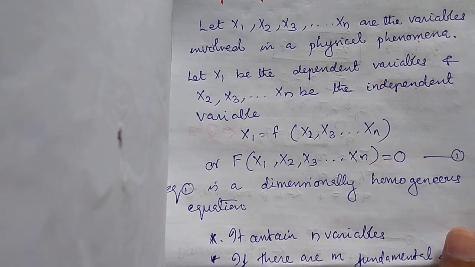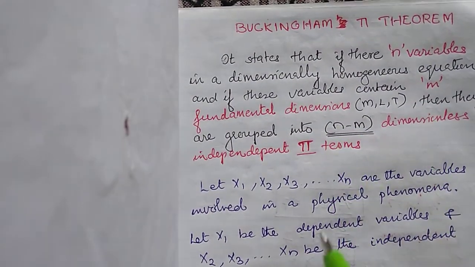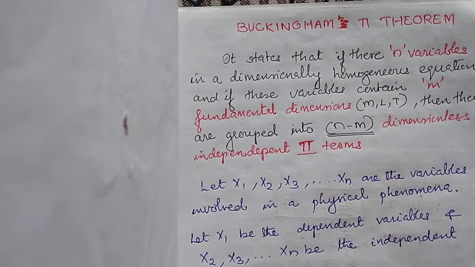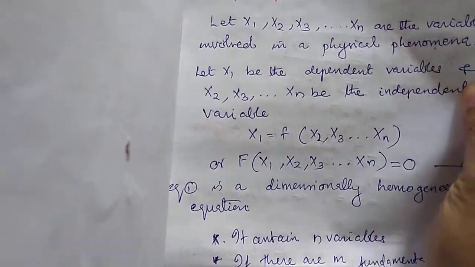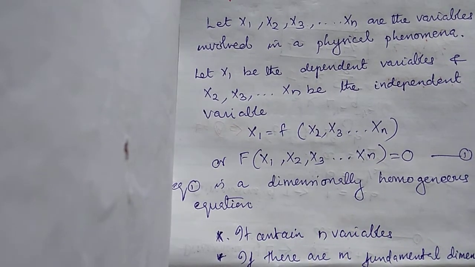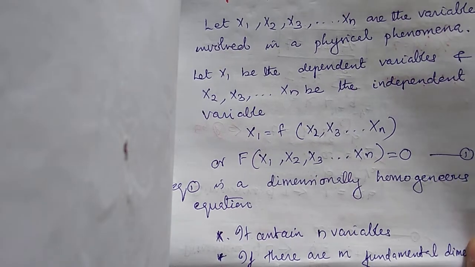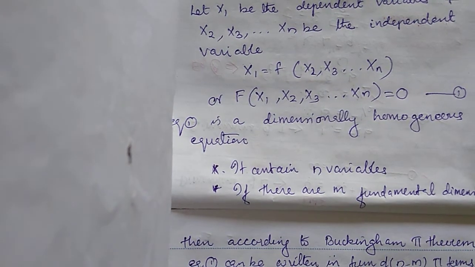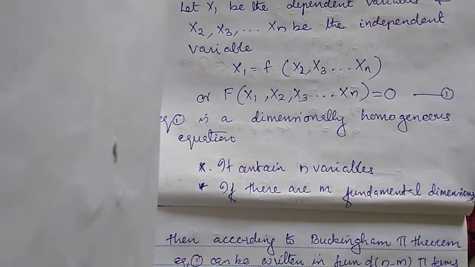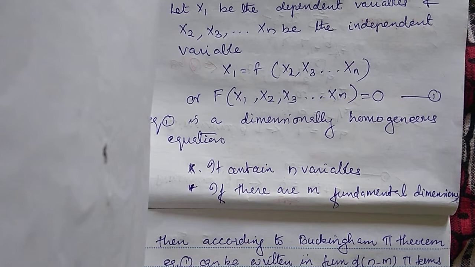And here we now have n variables. So as per the definition, if there are n variables in a dimensionally homogeneous equation, and these variables can be represented by m fundamental dimensions. We have studied what the fundamental dimensions are. The major dimensions we use here are MLT.